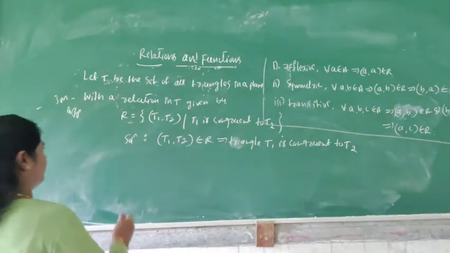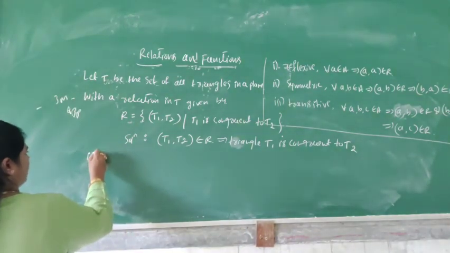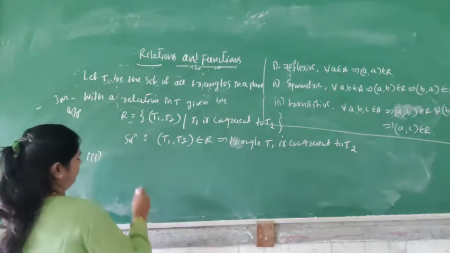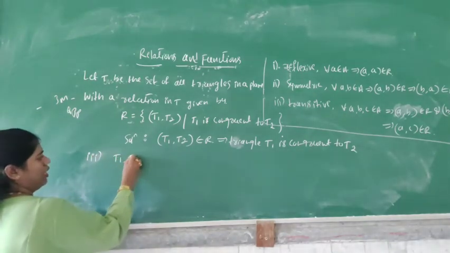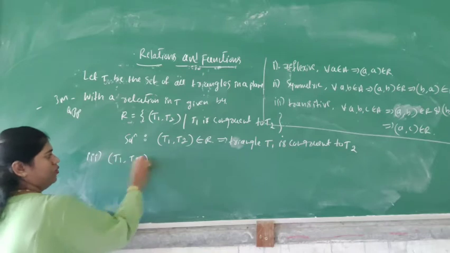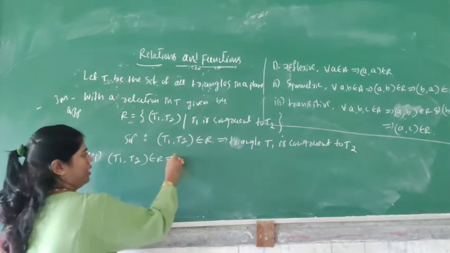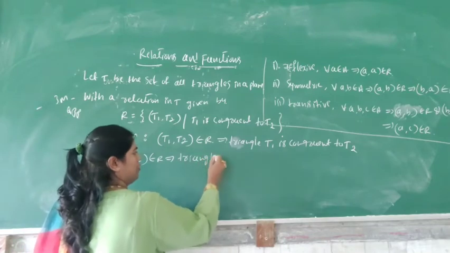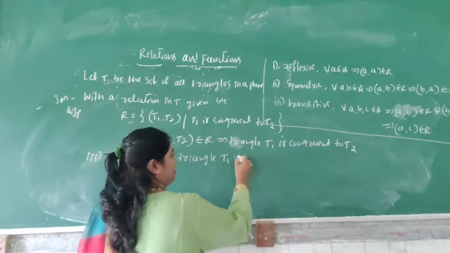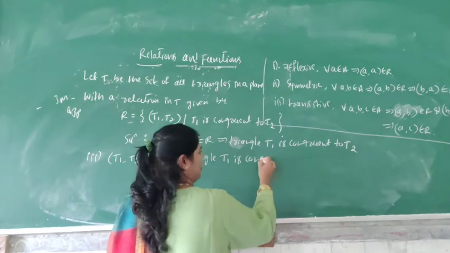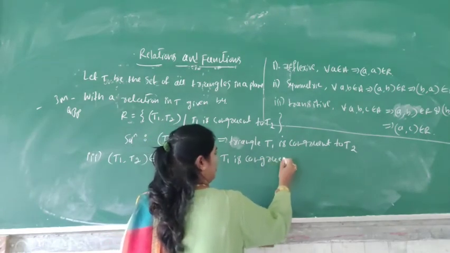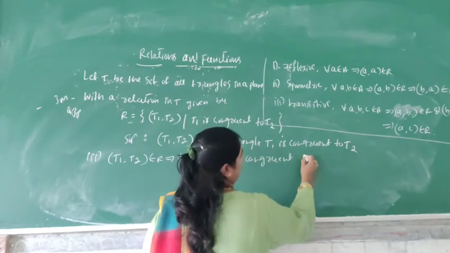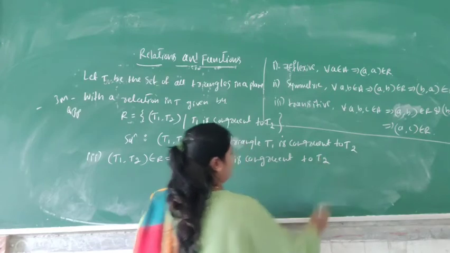Transitive. The third one is transitive. We know that if (T1, T2) belongs to R, it implies triangle T1 is congruent to T2.